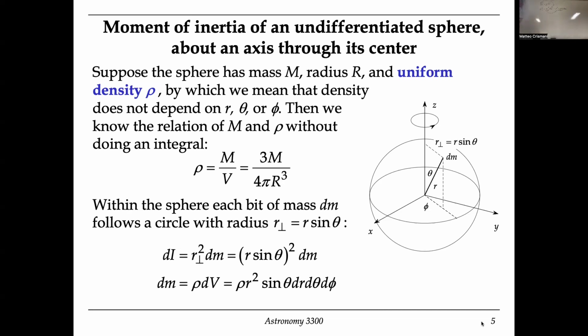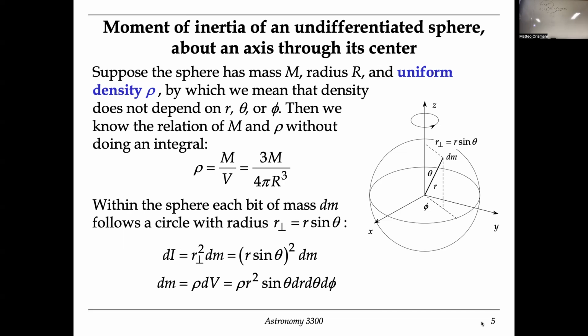It contributes nothing because the sine theta here, right? What is sine theta when theta is 0? 0. Where's the maximum contribution? 90 degrees. Right, away perpendicular from the axis of rotation. So if I'm aligned with the axis of rotation, I contribute nothing to the moment of inertia.